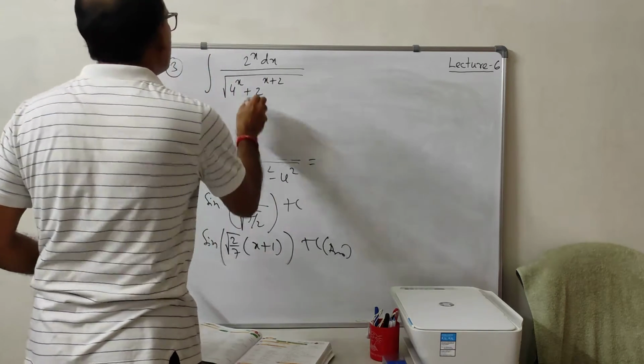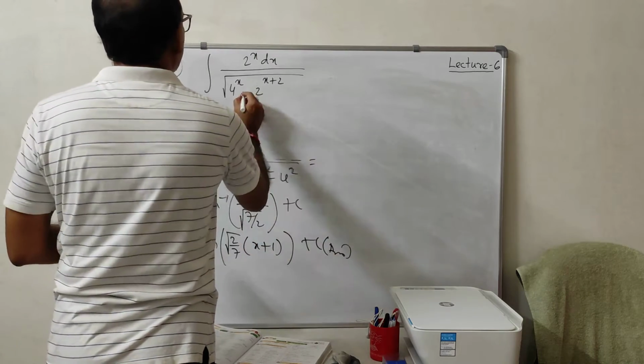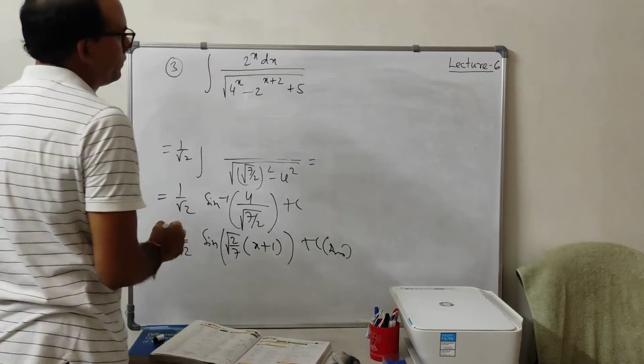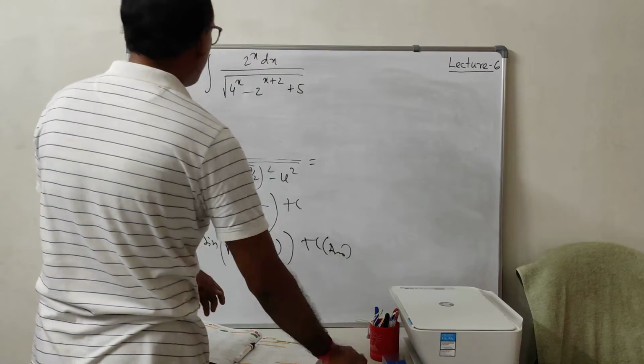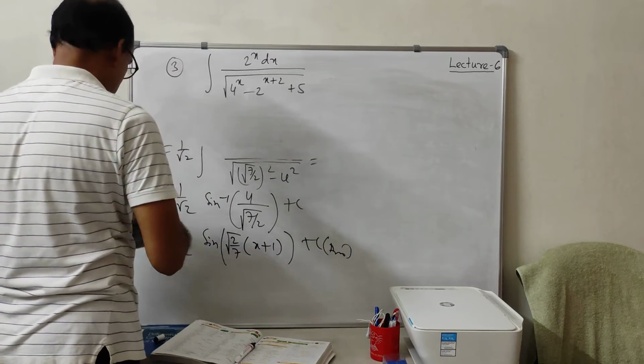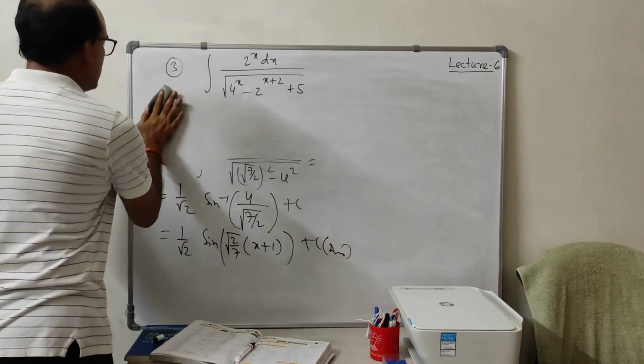Sorry, this is minus of 2 to the power x plus 2 plus 5. Okay. First note it down. Next I am starting.